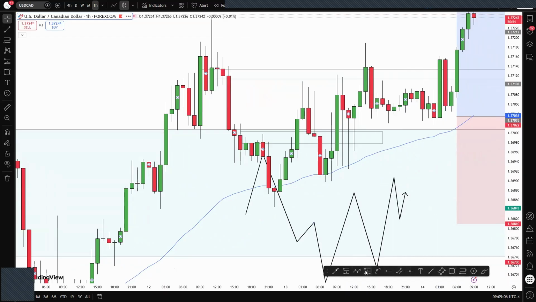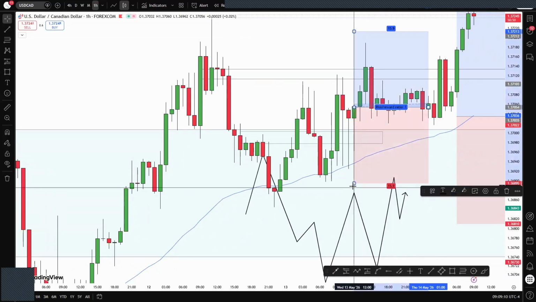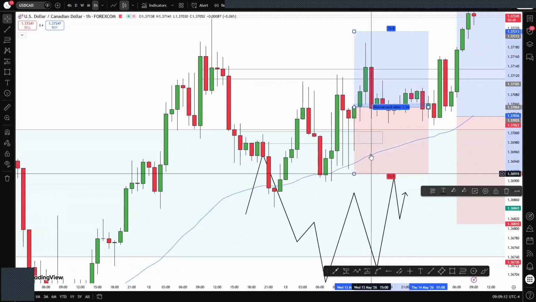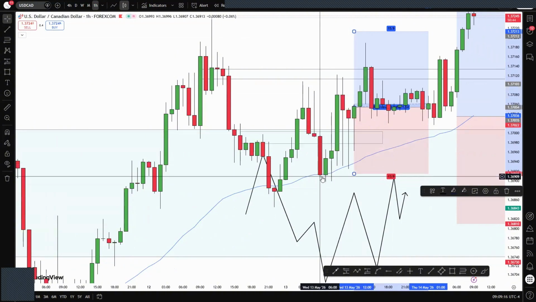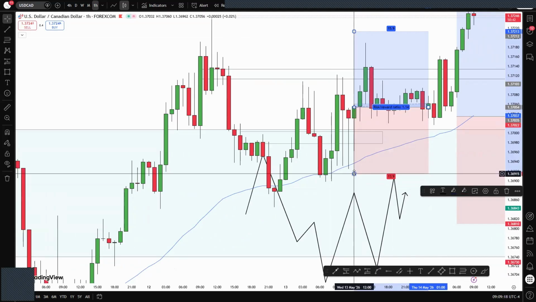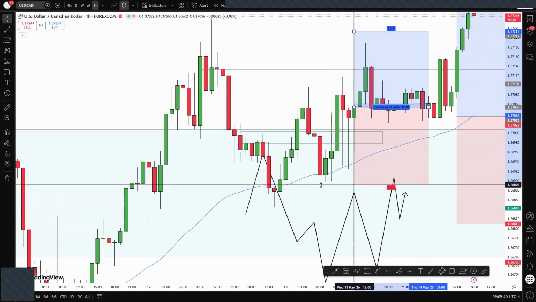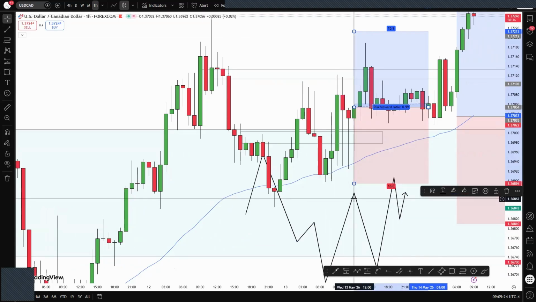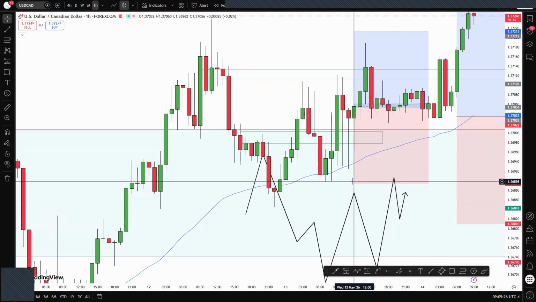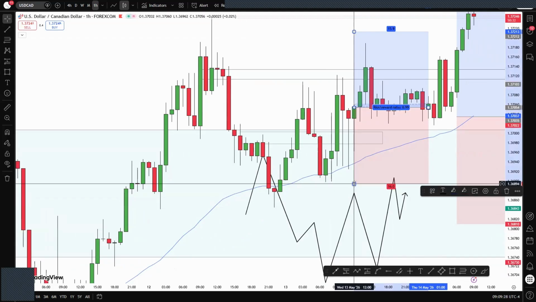And if you put your entry at this level, you see the 1 hour is now bullish, by the way. This is the higher high and this is the higher low. Your stop loss has to be just below this level. You see? Because once the 1 hour breaks below this level, the trade is dead.